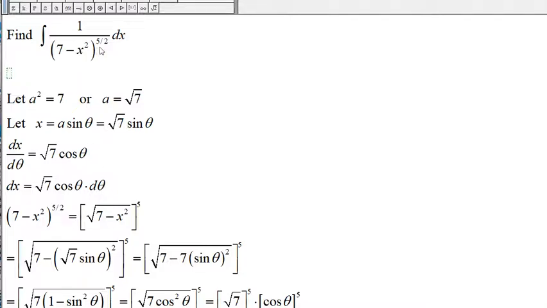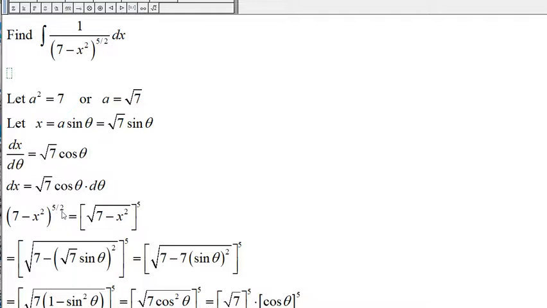Now let's write the expression (7 minus x squared) to the 5 halves in terms of theta. This is the fifth power of the square root.